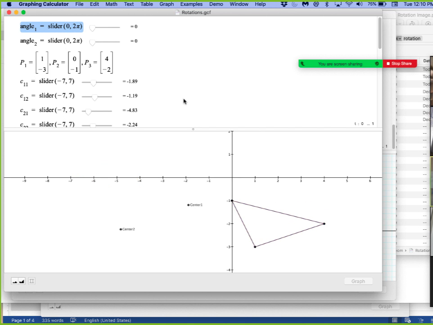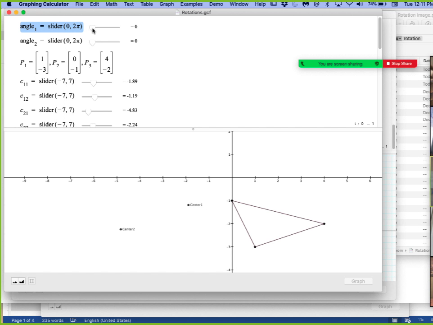So questions about how this works. So you're going to be creating this, but we're gonna do a lot of groundwork. I'm just not gonna set you loose with this. We're gonna do groundwork in class today and then Thursday to get you ready to do this. So any questions on how it works, right? So you can change the vertices of the triangle. You can move the center or the rotation points.